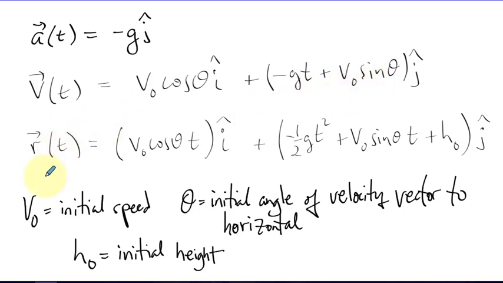R is the position vector. It's v naught cos theta times t, I component, and negative 1/2 g times t squared plus v naught sine theta t plus h0 in the j component. V naught is the initial speed, theta is the initial angle of the velocity vector relative to the horizontal, and h0 is the initial height.